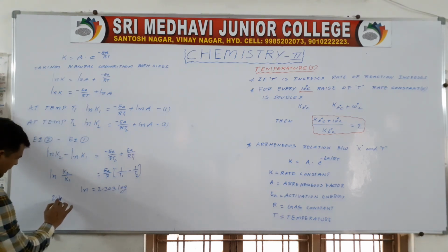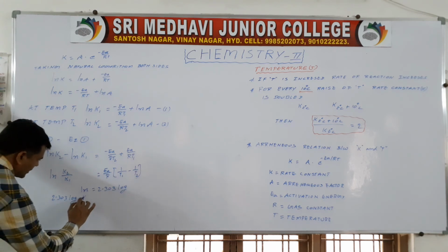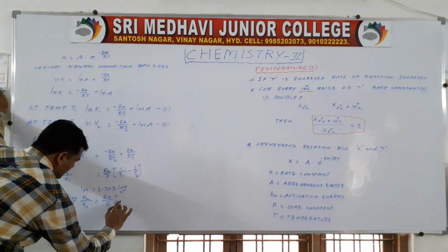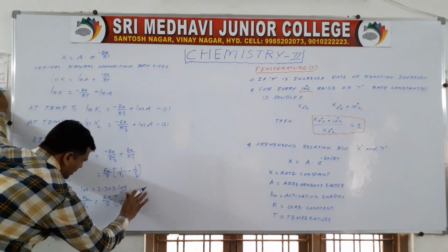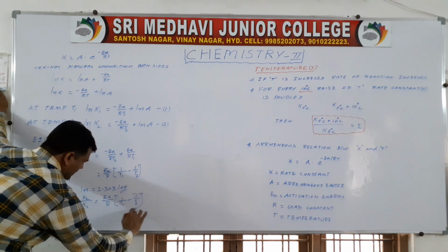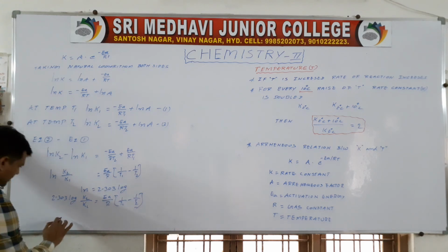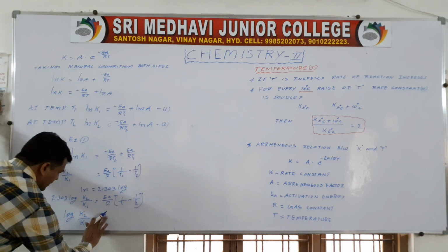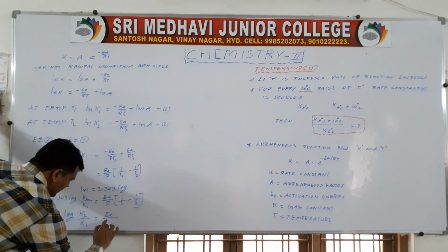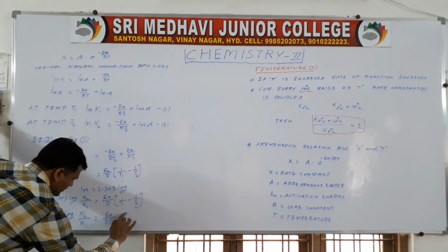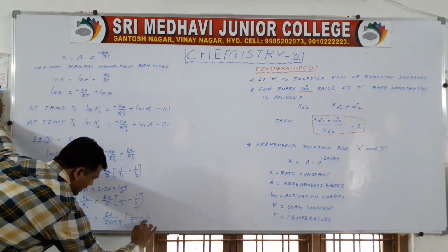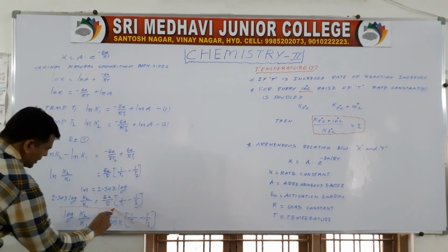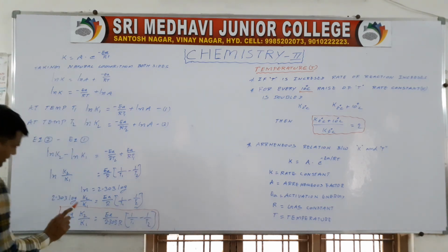Then 2.303 log K2 by K1 equals EA by R into 1 by T1 minus 1 by T2. Then log K2 by K1 equals EA by 2.303 R into 1 by T1 minus 1 by T2. This is when two temperatures are given.